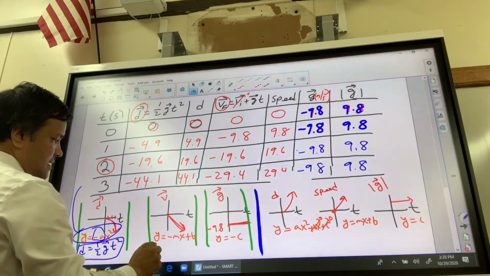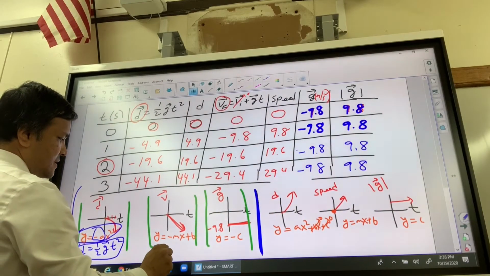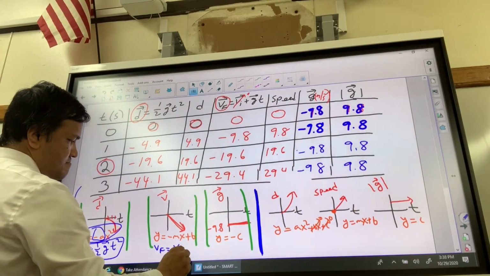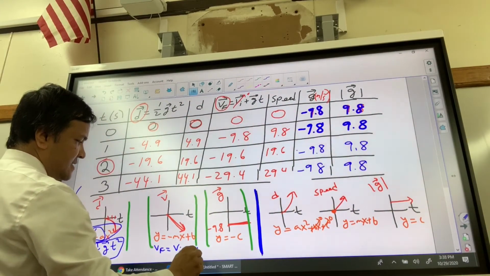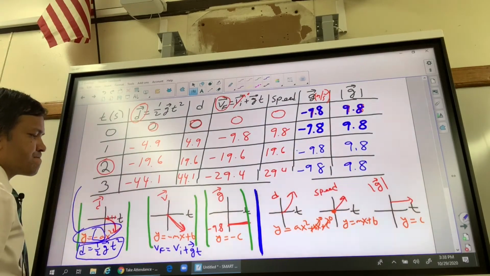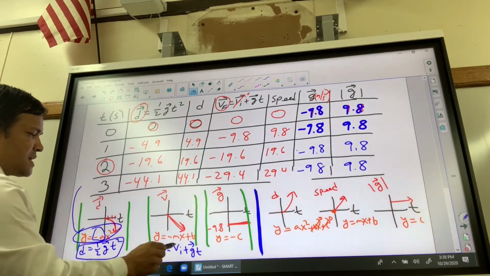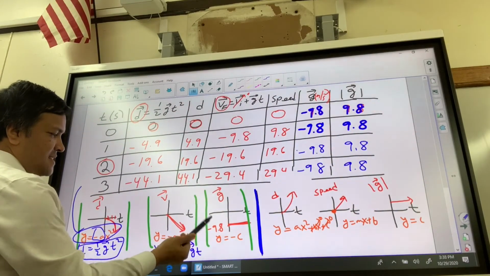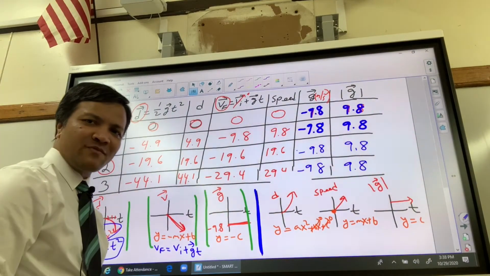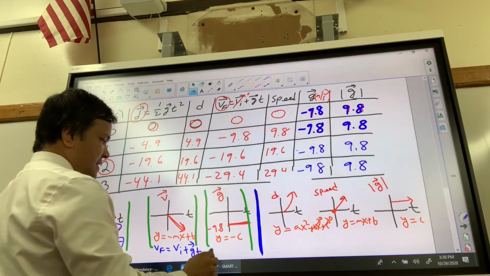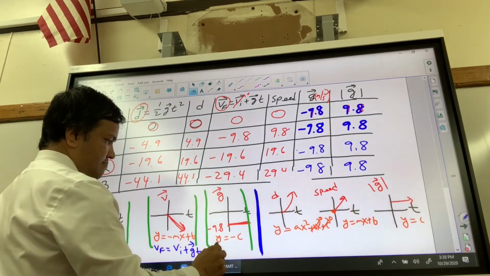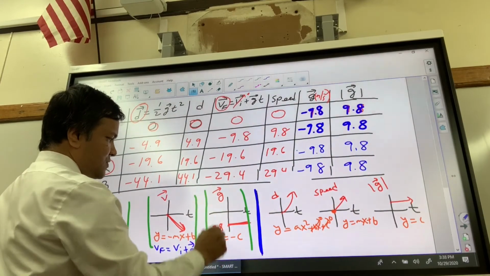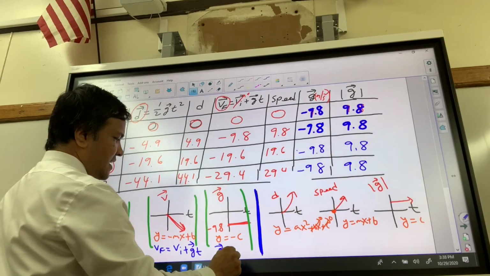Velocity: v_f is equal to v_i plus g t. v_i is 0, because when you drop something, the initial velocity is 0. And g is a number, negative 9.8.